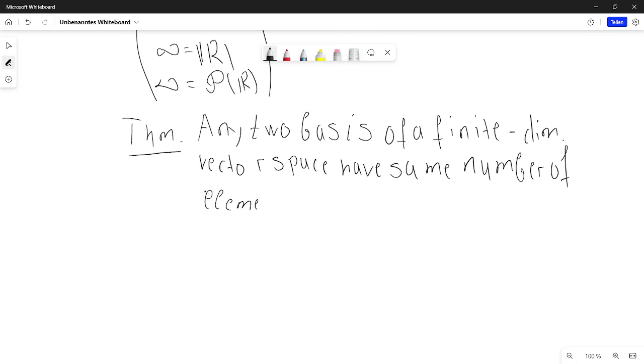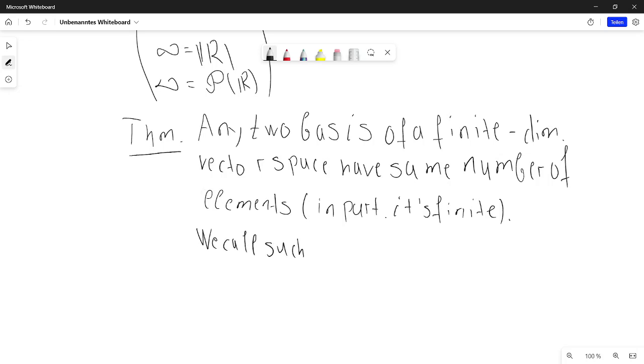And in particular, it's finite. Okay, and we call such a number the dimension of the vector space.